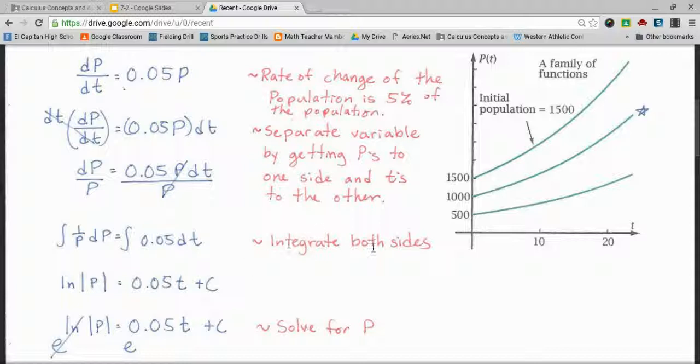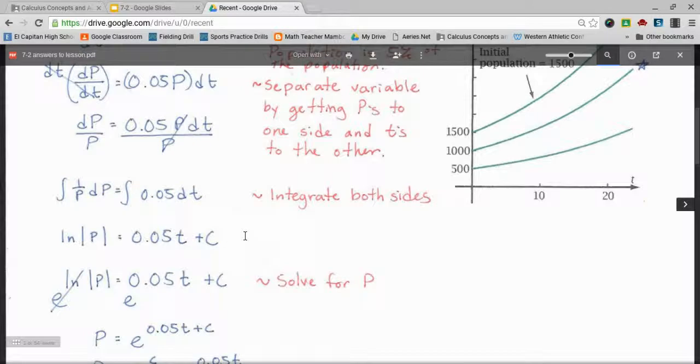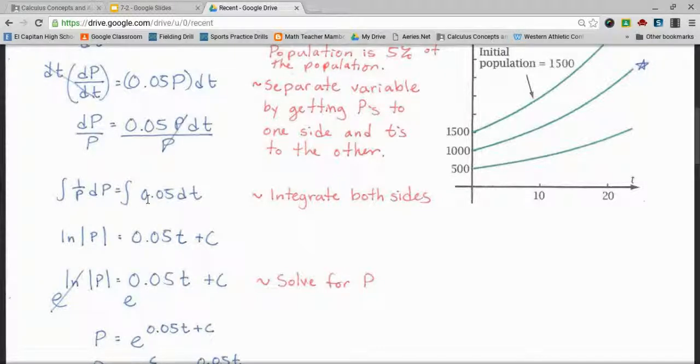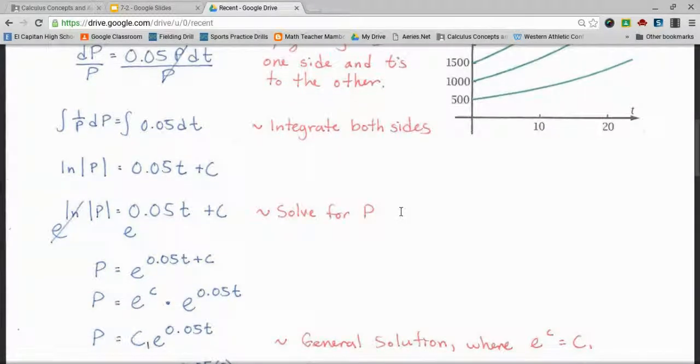And from there, I then had to integrate both sides. So that's how I ended up with right here, the integral of 1/P dP is equal to the integral of 0.05 dt. And we know that the integral of 1/P dP is ln of P, and the integral of 0.05 dt is 0.05t plus C. And like I asked you in class, what is the inverse operation of ln?